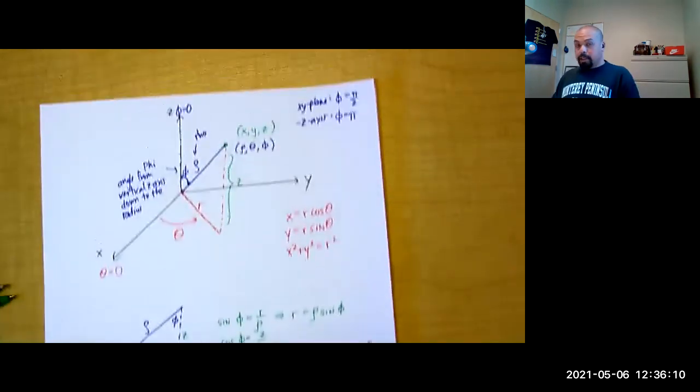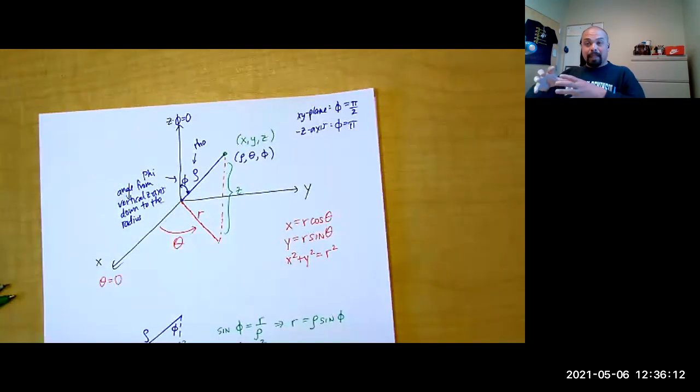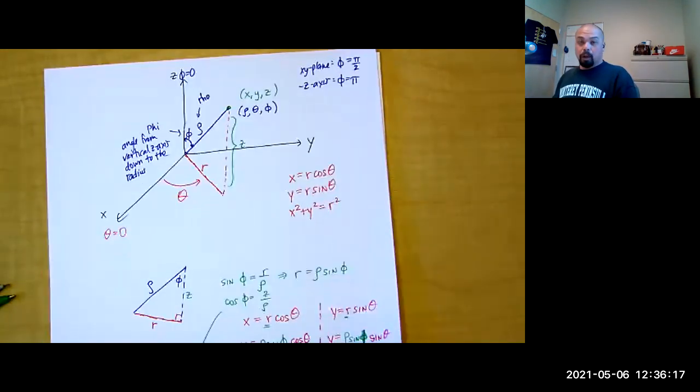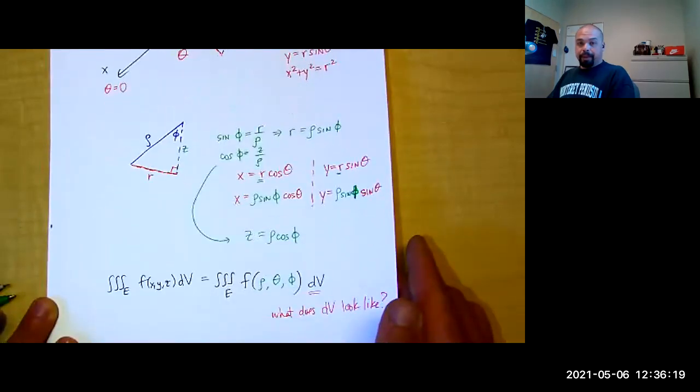So looking at that coordinate system, now we're going to build up in that space again this kind of spherical, if you will, little block of volume.